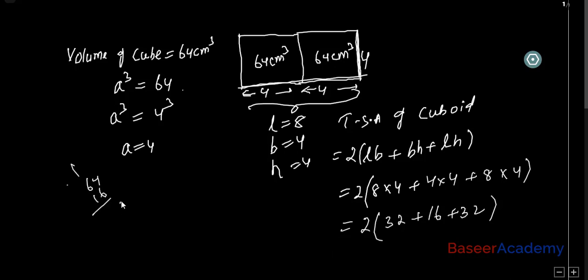So 2 into 80, that is 160 centimeter square. That's the total surface area of this resulting cuboid.